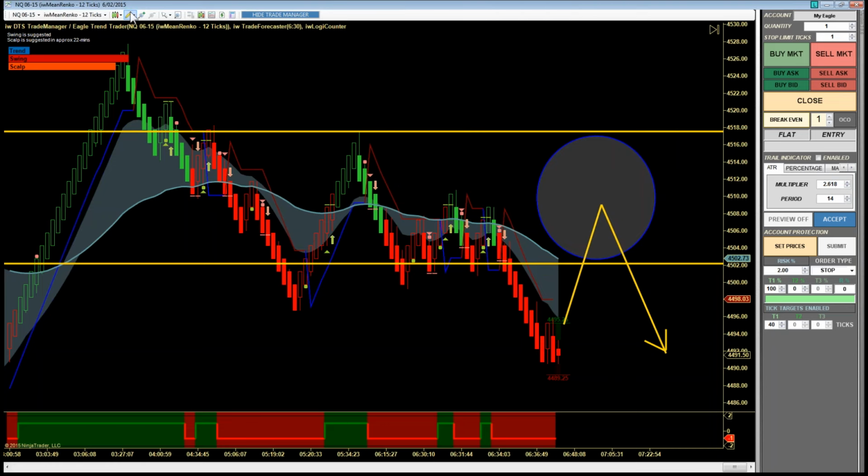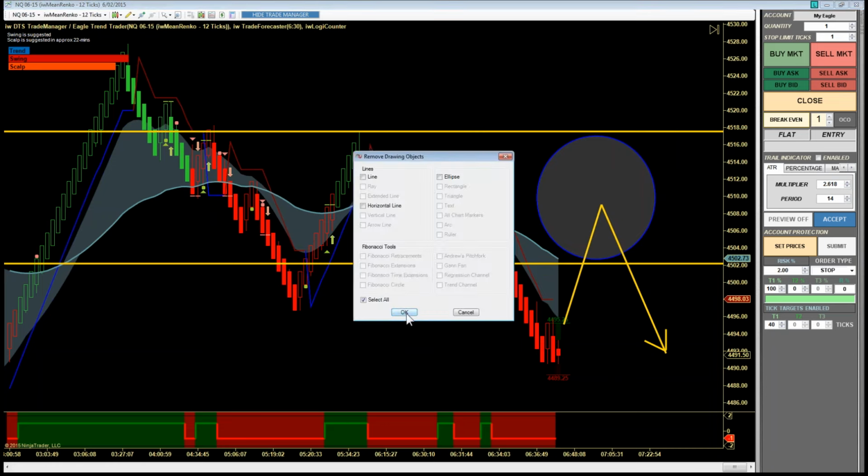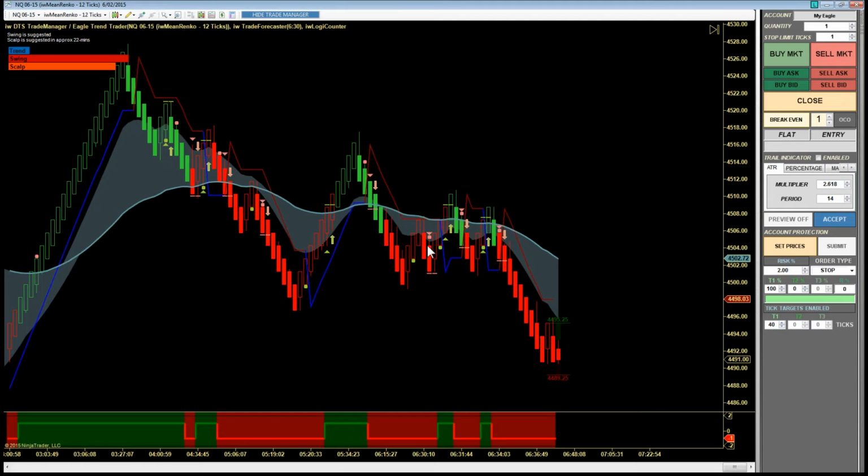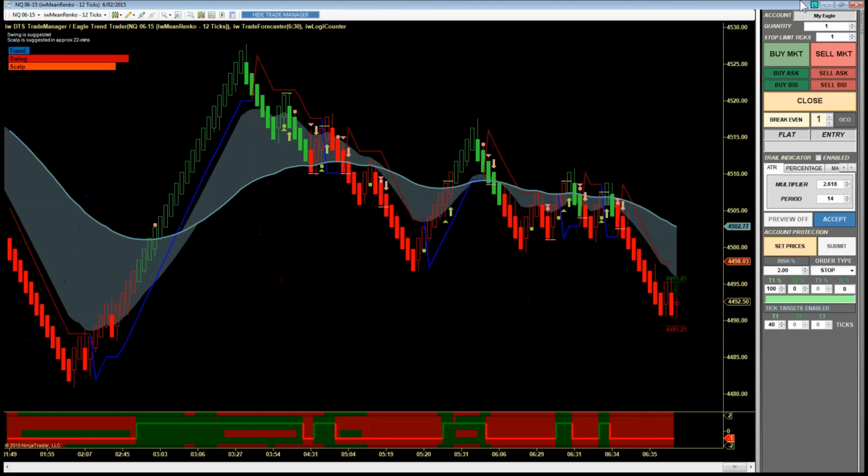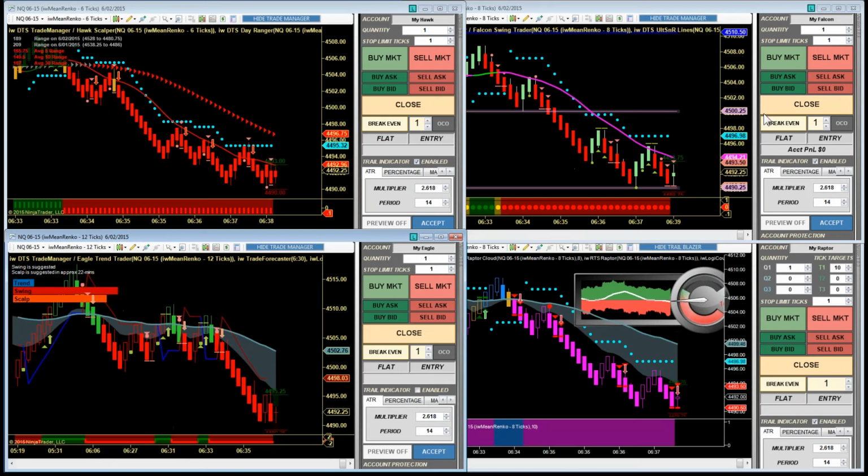But the big ones, and it's subjective, unfortunately, I can't give you any parameters, but if it looks big, it probably is a big one. But the big ones, they're more difficult to get a handle on.